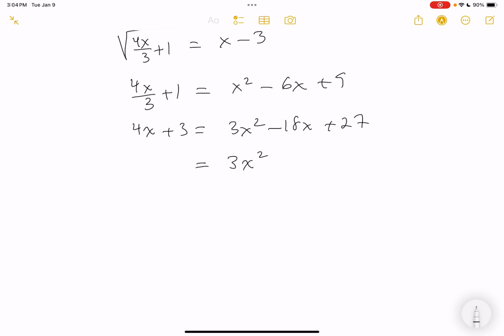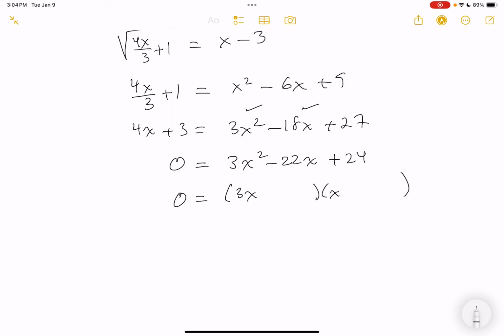I guess we'll do a zero product rule, right? So 3x squared, let's see, minus 22x. No, it's not too bad. And then plus 24 equals 0. I'm going to give it a shot in the factoring department. I hope it's not a really difficult number, by the way. I'm going to say 3x and x.